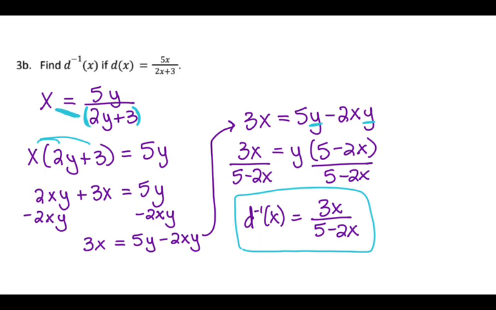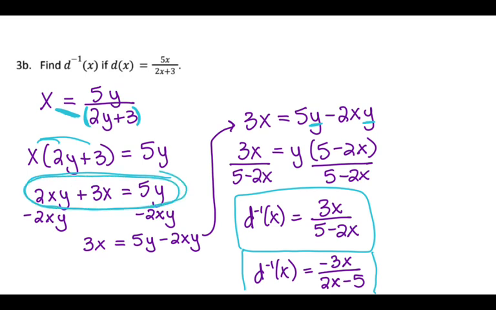So another possible answer, if you took the other route, would be negative 3x over 2x minus 5. And both of these answers are correct. But again, it just depends on your thought process and what you end up doing right here.